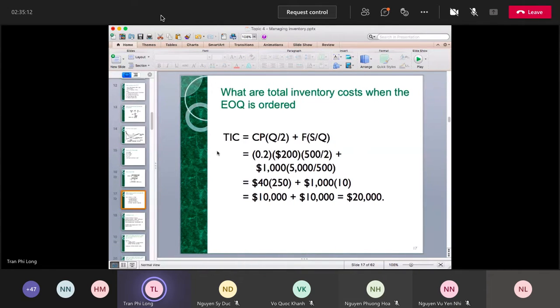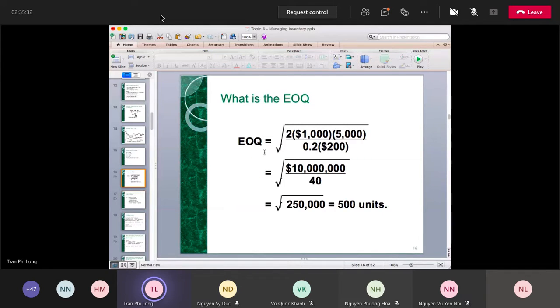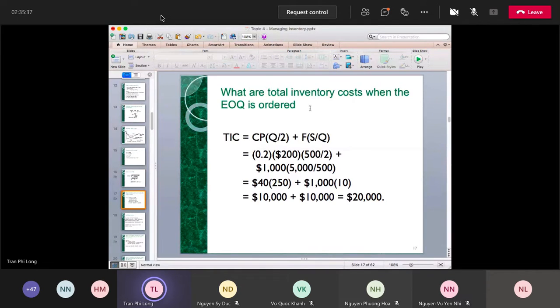Instead of asking you to calculate the optimal level of inventory, I can ask you the optimal total inventory cost. Or I can ask you the optimal level of total carrying cost. You know what I mean? So basically, I will not ask you this number. This number is too easy. So firstly, you will have to calculate the optimal level of inventory, okay?